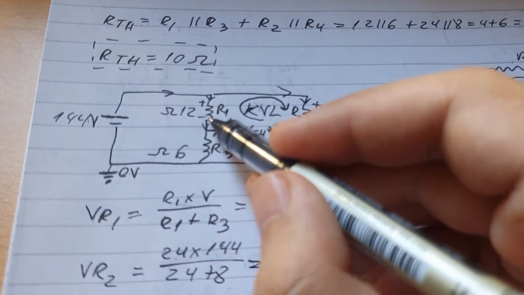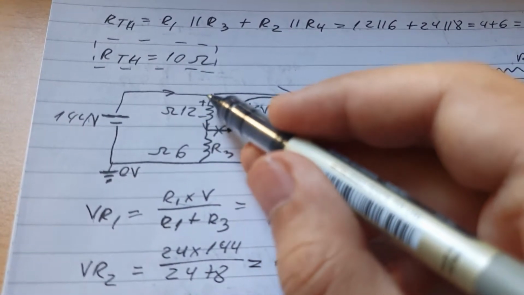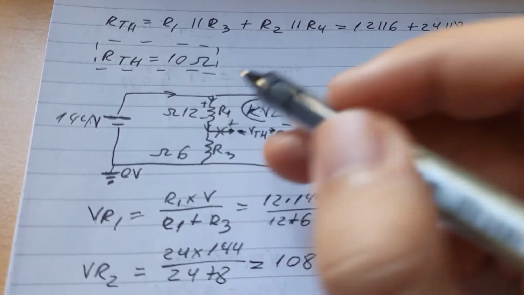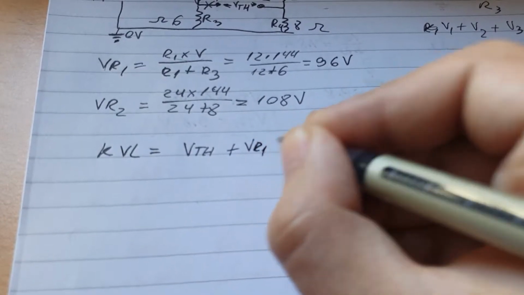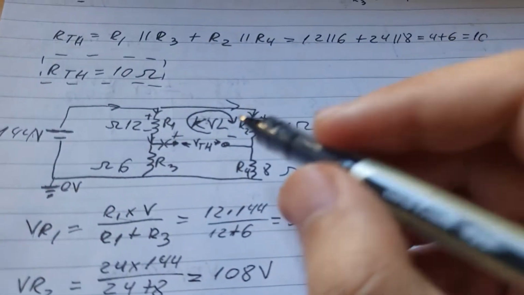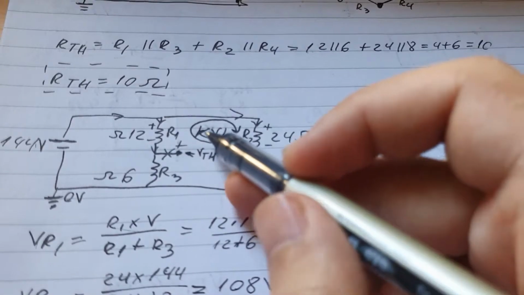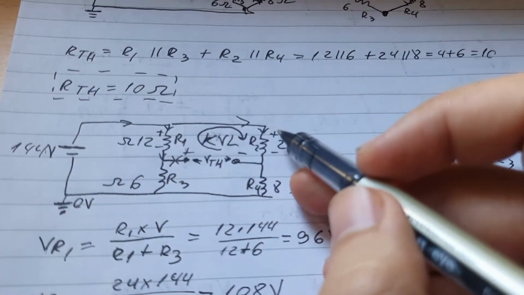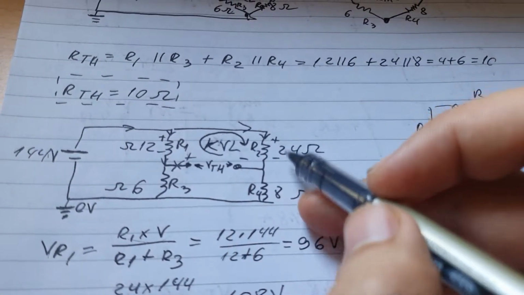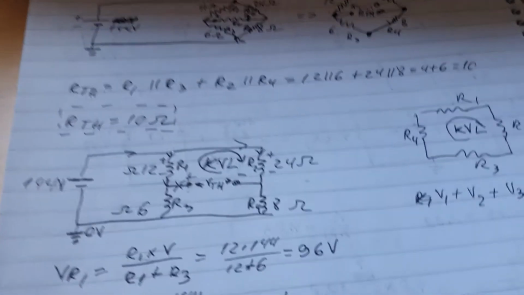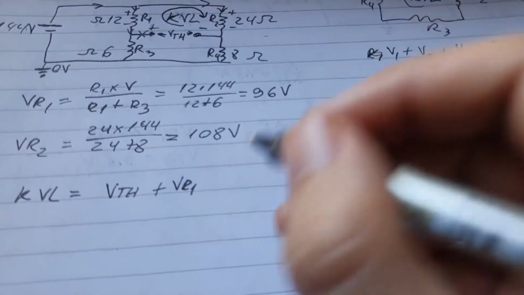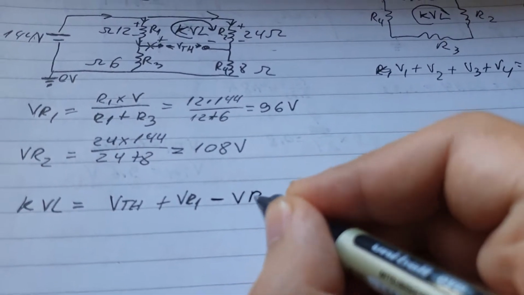R1 goes from negative to positive, that means it's a positive value as well, so it will be plus VR1. However, when you keep going with the flow of the loop, it goes plus to plus, so it's positive, positive, negative, because the two pluses match each other. That will give me a negative value, so it will be minus VR2.